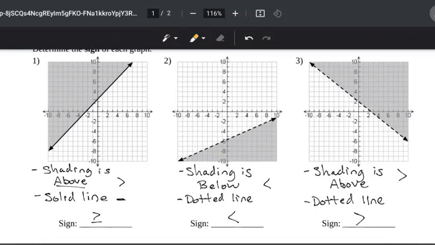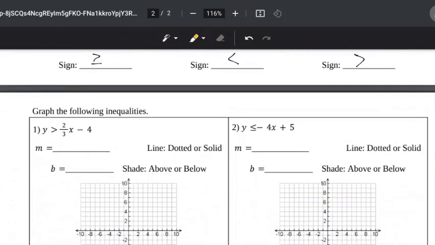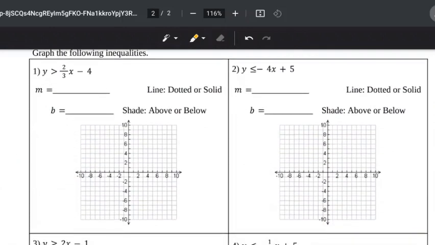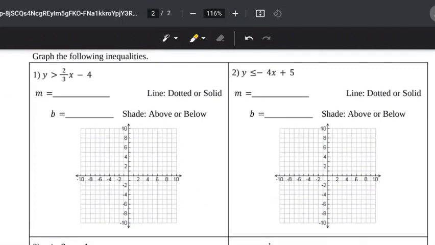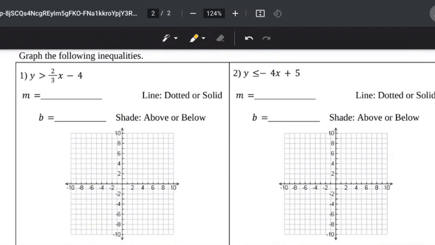Okay, so let's take these skills into action and go ahead and graph a few examples. So graph the following inequalities. Again, we want to make sure that we are in slope-intercept form, y equals mx plus b, which means y needs to be all by itself on one side of the inequality, not equal sign, because we're dealing with inequalities.